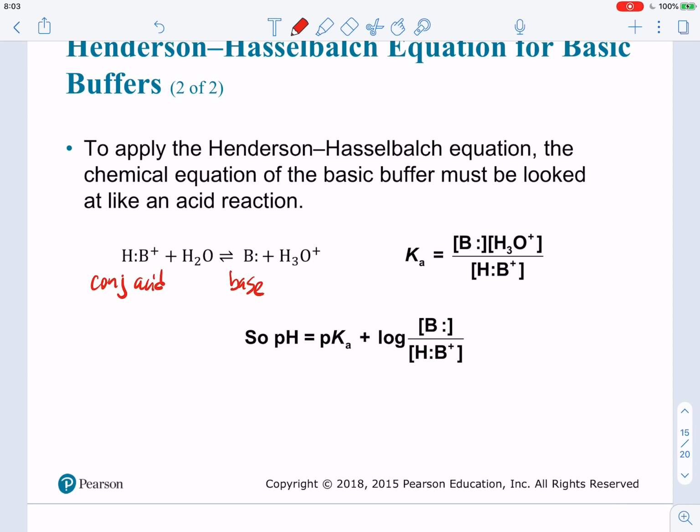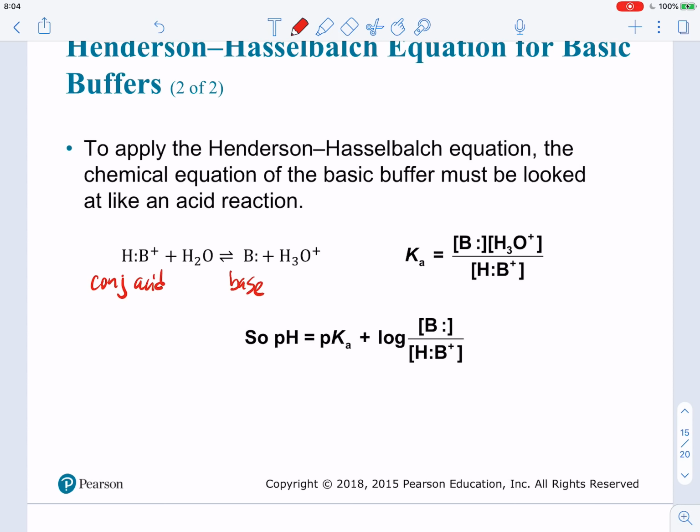But we have just written this equation from the point of view of an acid equilibrium, not the base equilibrium. Because you can derive the Henderson-Hasselbalch equation to calculate pOH, but most of the time, let's face it, you are being asked to calculate pH, so let's put everything in terms of pH, and that's what we are trying to do here by looking at the base equilibrium from the point of view of the conjugate acid.